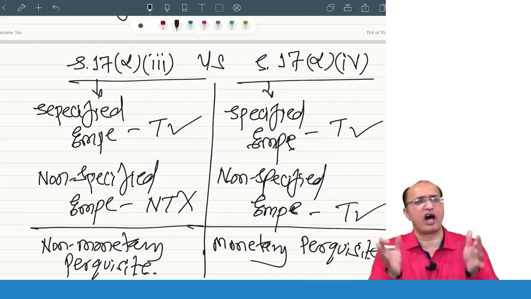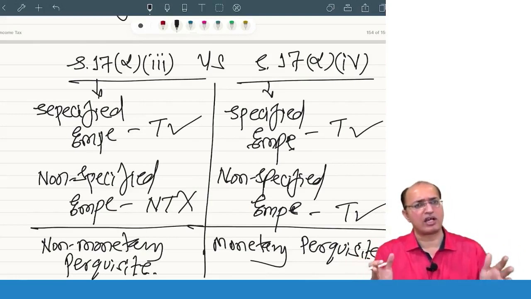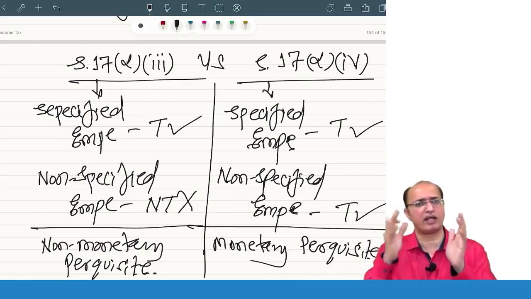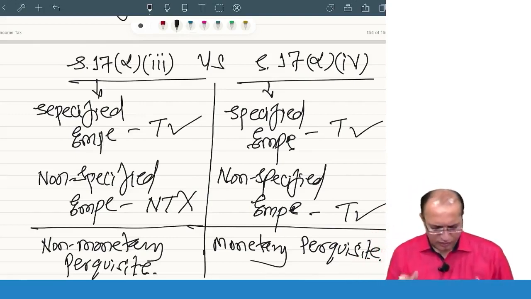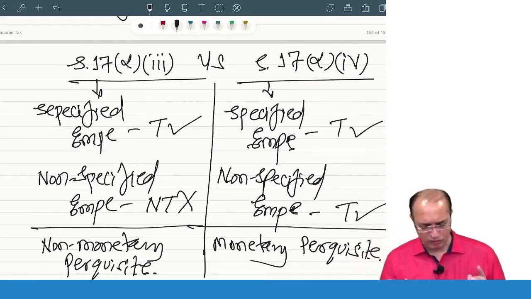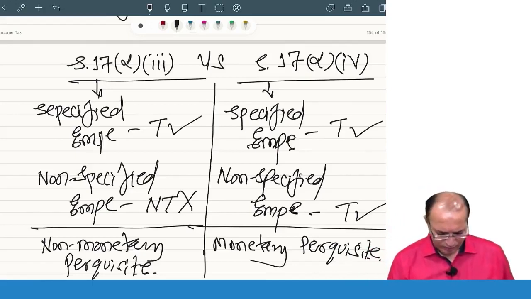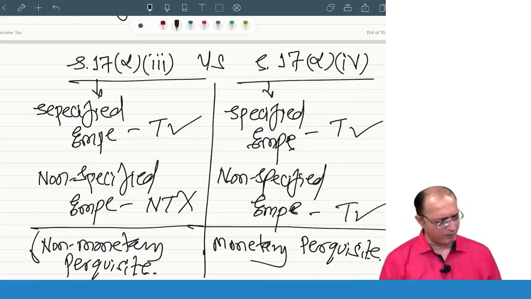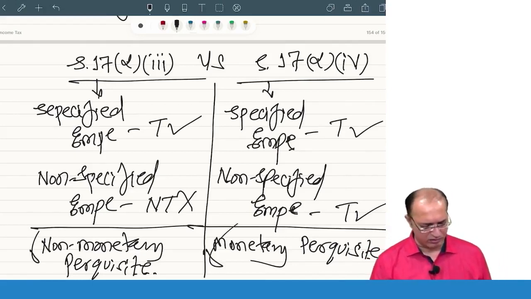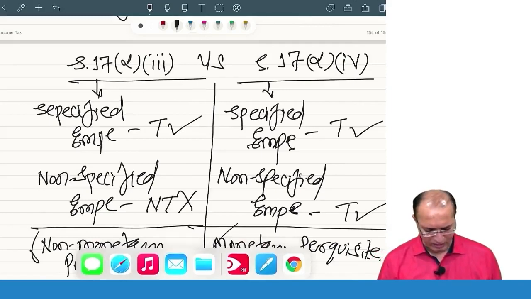These are three different approaches by which I can provide this benefit to my employees. Here we are talking not about the allowance but only about the perquisite. So if it is a non-monetary perquisite, it is covered by 17(2) clause 3. If it is a monetary perquisite, it is covered by 17(2) clause 4.